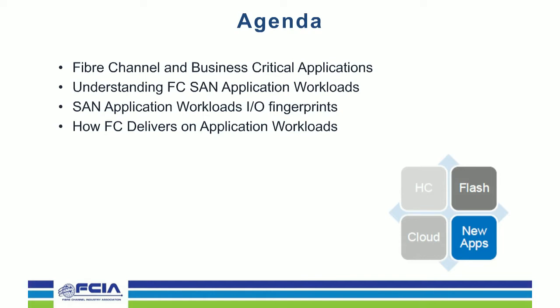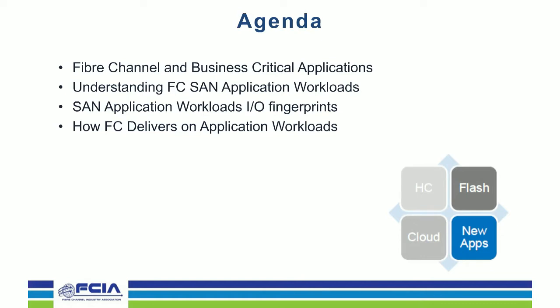So we'll start off by a quick introduction to all the key tenets within Fibre Channel that make it applicable for business critical applications. We'll then quickly talk about the different kinds of enterprise workloads and how they map to Fibre Channel technologies. More specifically, we'll take a few minutes to talk about how most people go about characterizing Fibre Channel workloads. What are the different I/O fingerprints or I/O characteristics that define an enterprise workload and how they map to Fibre Channel characteristics.